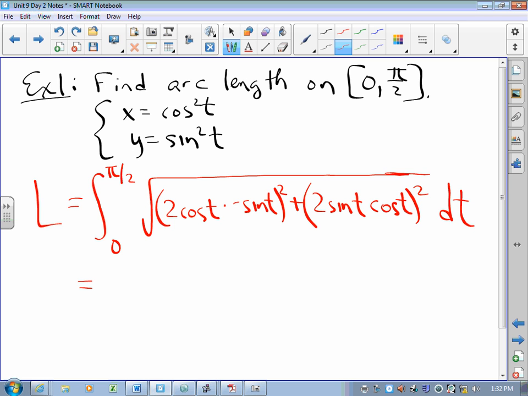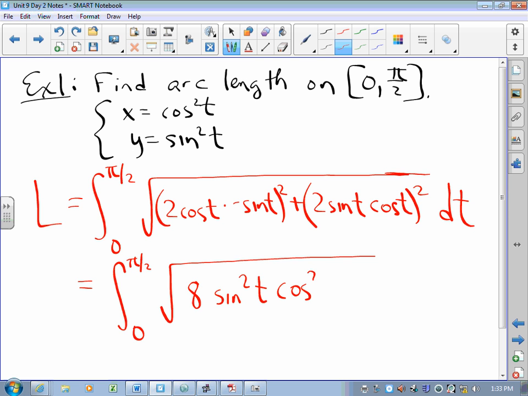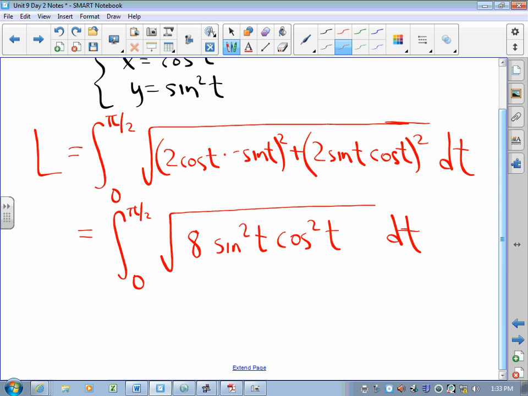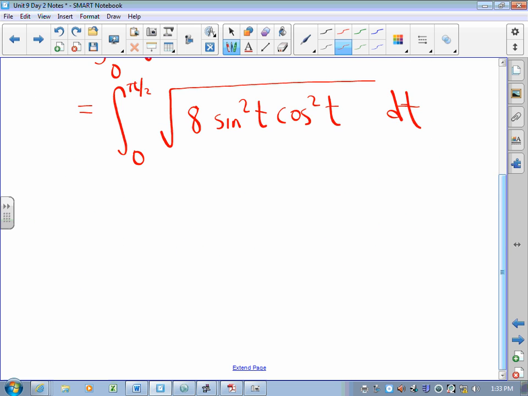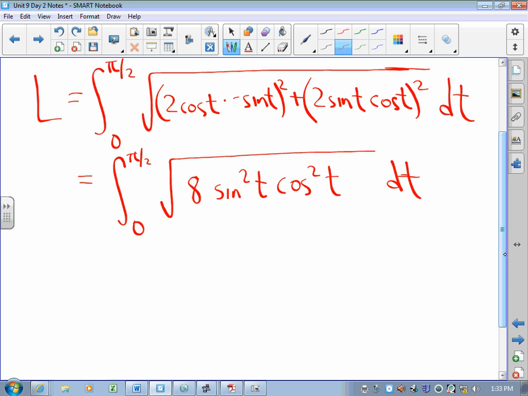A little bit of simplification here. This is the square root of 4 blah bitty blah plus 4 blah bitty blah, but those are the same thing. So this is the square root of 8 sine squared t cosine squared t dt. 4 sine squared cosine squared, 4 sine squared cosine squared, add them up.